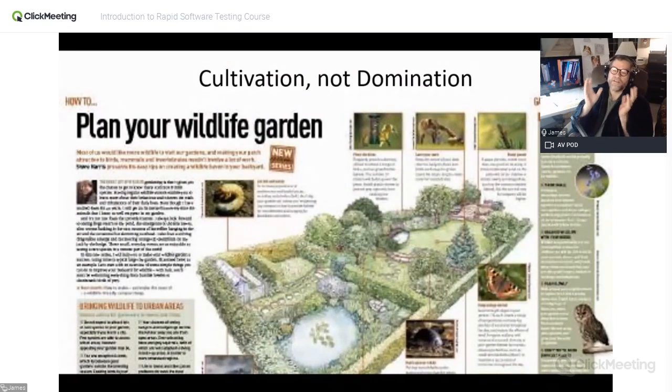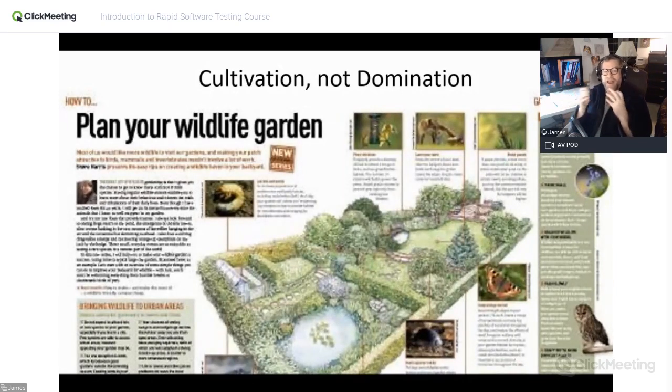A wildlife garden is a special kind of garden that you design specifically for the purpose of attracting wildlife. You don't try to control everything in a wildlife garden.